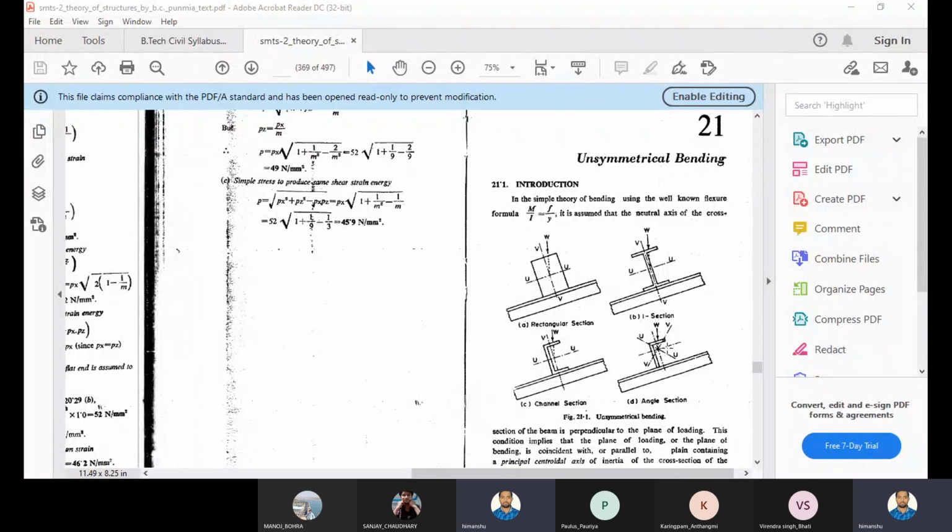And there is a certain difference between these types of bending. So let's see that in simple bending theory, the flexure formula, M upon I is equal to f upon y, we have assumed, and it is assumed that the neutral axis of the cross section is perpendicular to the plane of bending.